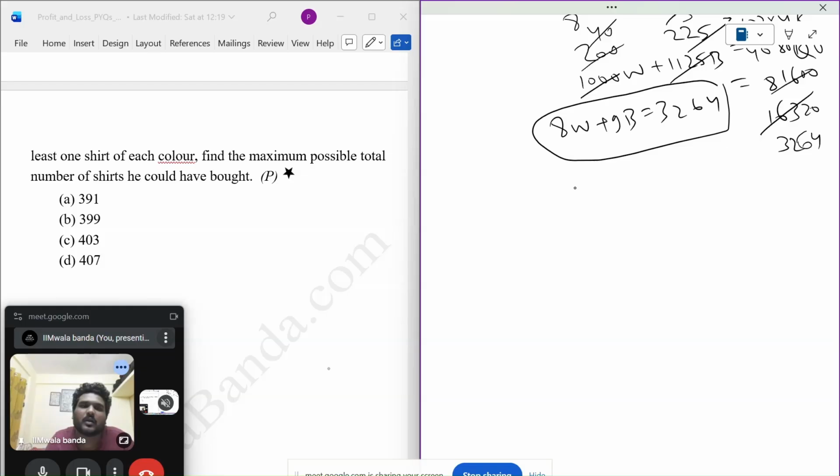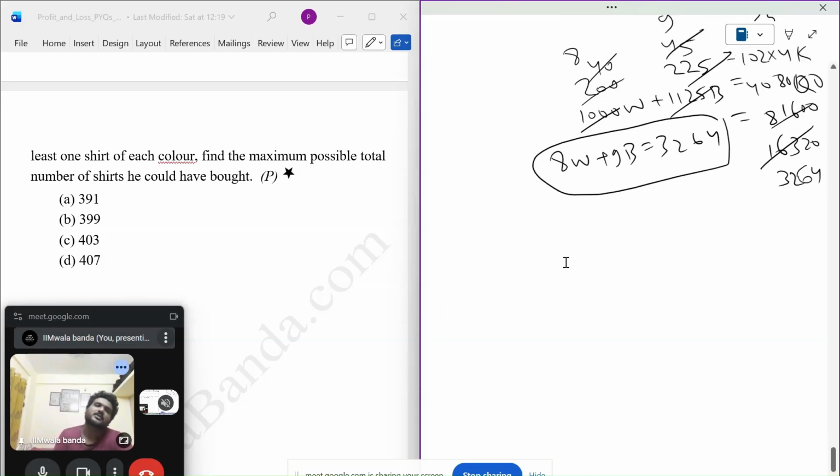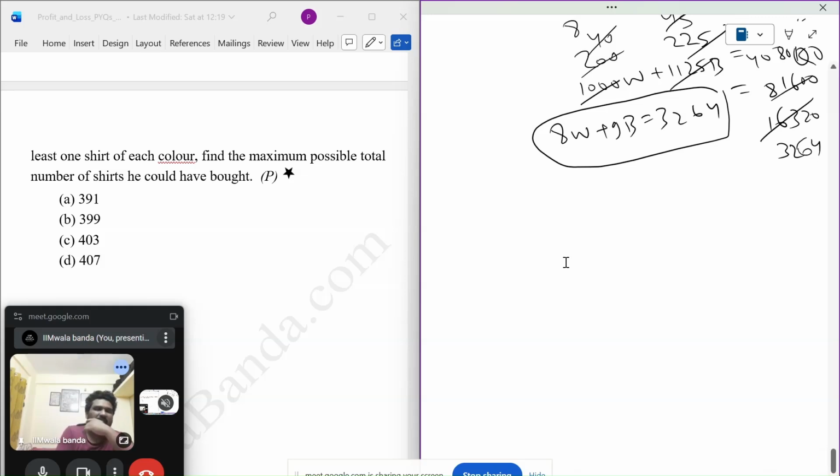I think 9 and 8. And the maximum possible number of shirts you would have bought. Maximum number of shirts. I need to maximize.